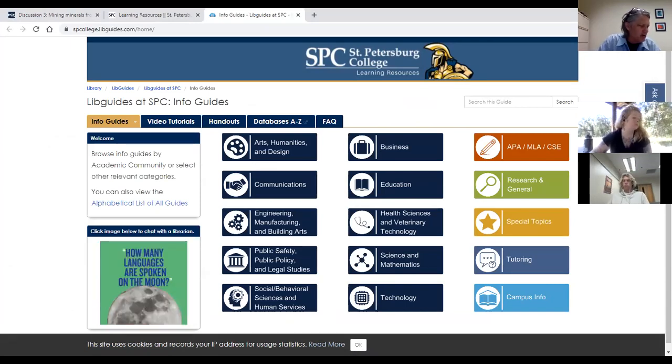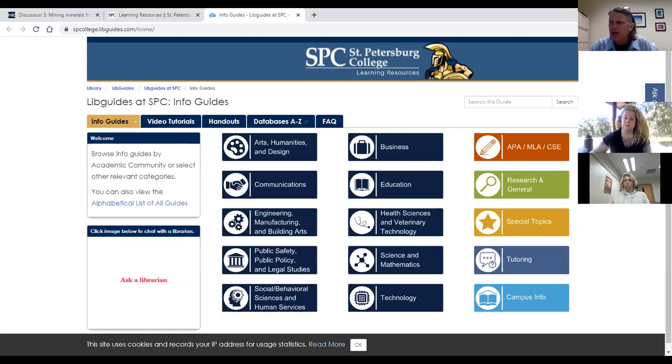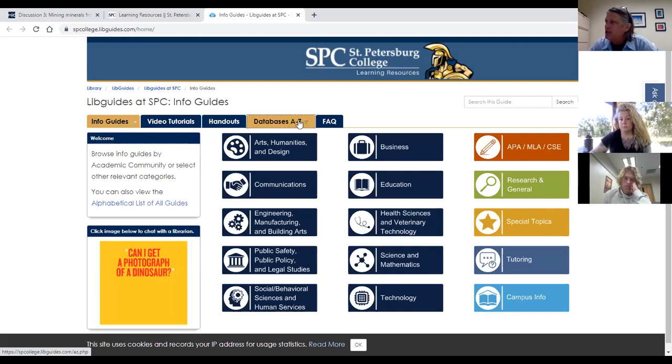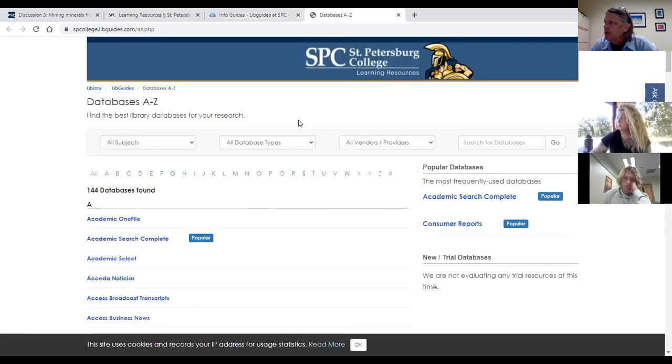We really are hoping to find articles that everybody would read, so I don't mind Google searches versus database searches. But it's handy to know where all these databases are in case you're in a class where you have to do formal research. And they have them all located right here through the different pages.